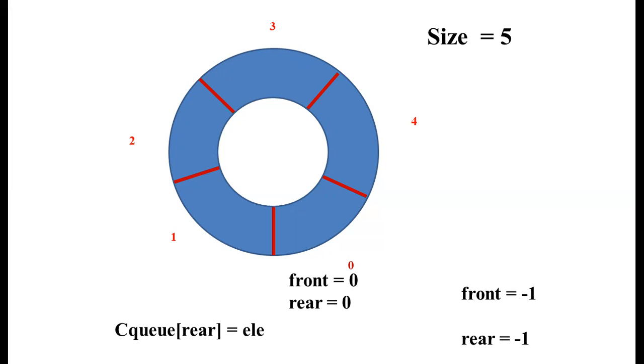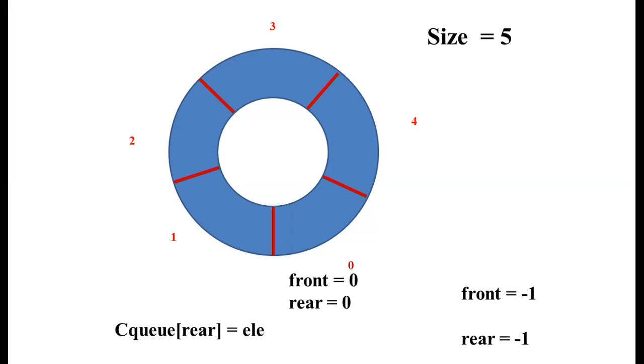We need to increase the rear plus value. But here the rear plus we are not going to use at that time. Before the next insertion only we need to do rear plus. Whereas in the queues we have done rear plus once after inserting the element. But here when the next element is getting inserted, then we go for rear plus.